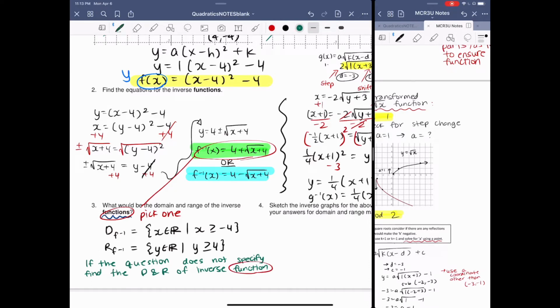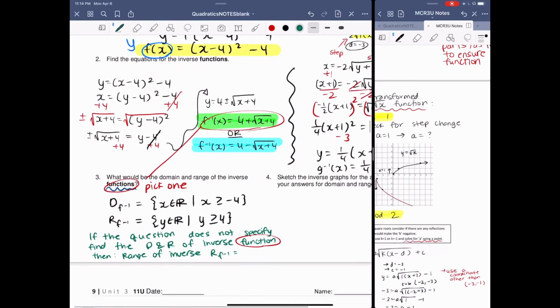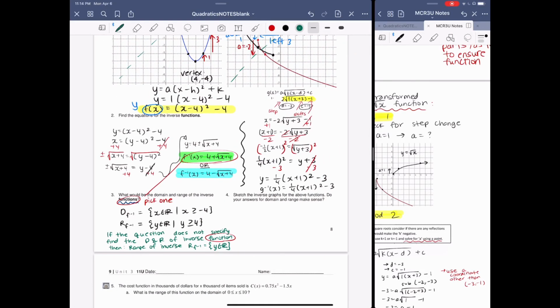Then you might be able to write range of F inverse. Well, let's take a look. What that means is you're looking at the range of the whole thing. You're looking at the green and blue parts of it. If you look at it that way, then y is going to exist everywhere. And so y elements of reals in that case. So note the different ways that the question can be presented.